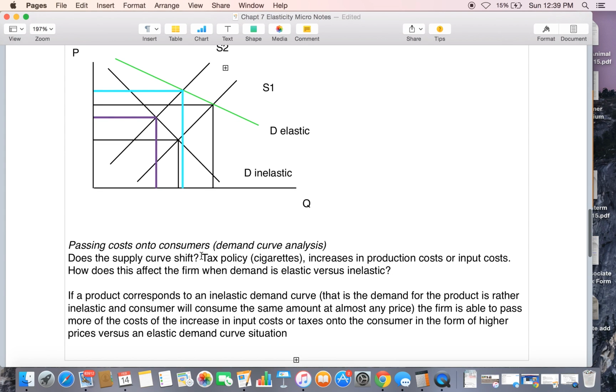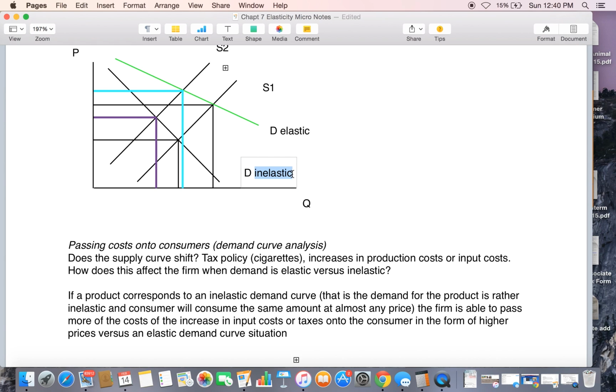And if the firm's costs increase and we see the supply curve shifting, either through increases in taxes or increases in production or input costs, the firm is able to pass more of these higher prices on to the consumer if their demand for the product is rather inelastic, or a steep curve.